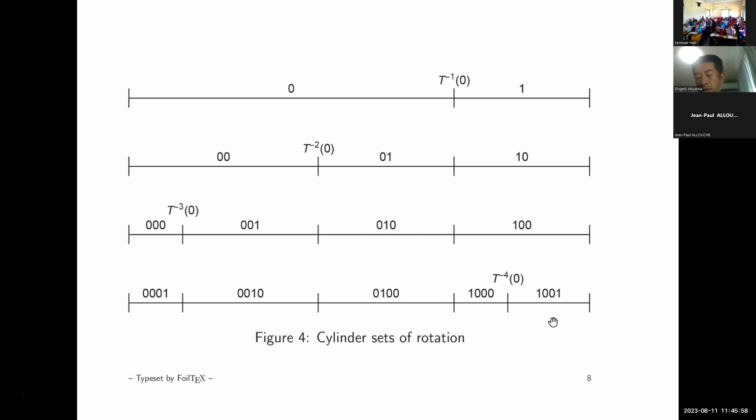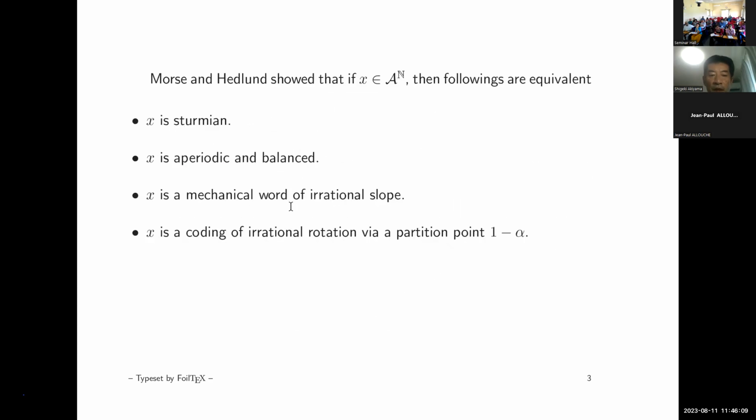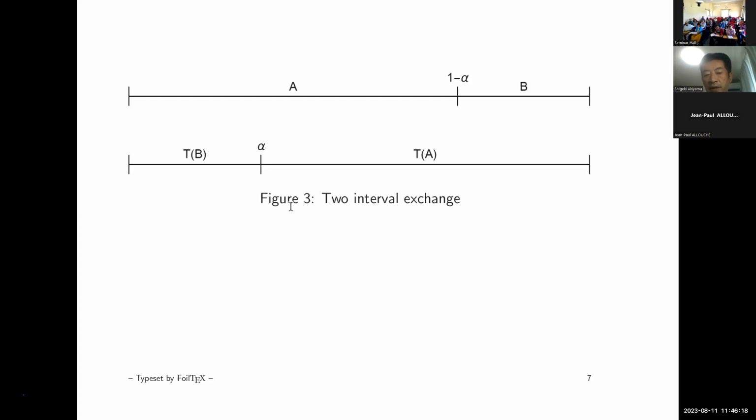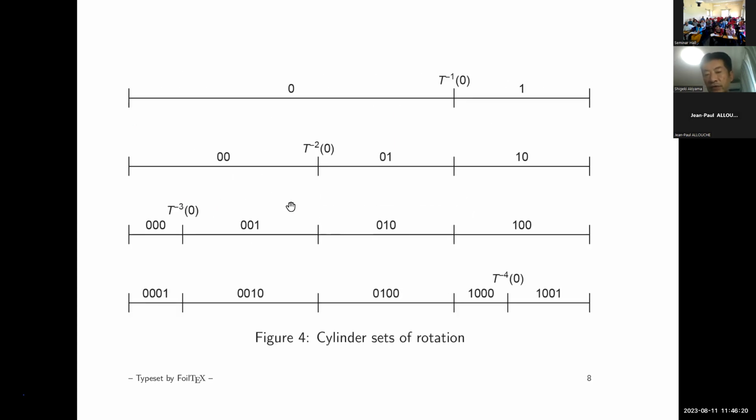This figure is extremely important in my lecture. As I said, by the Morse-Hedlund theorem, Sturmian words are exactly the same as codings of irrational rotations. This means that for the slope alpha, which is this length, the Sturmian words of length 4 number 5, and they are listed here.